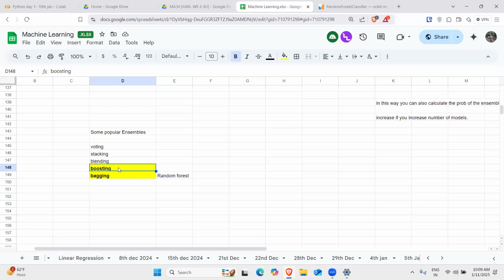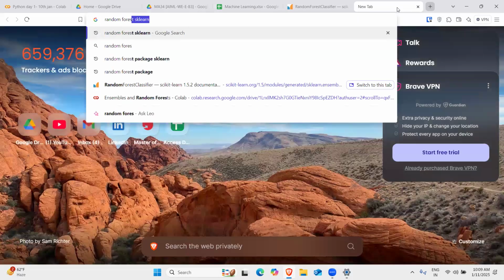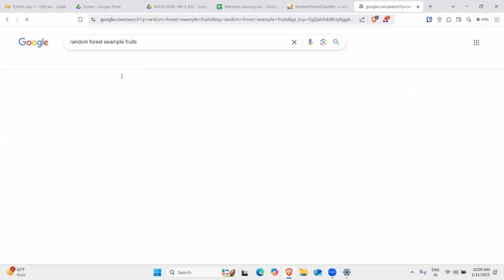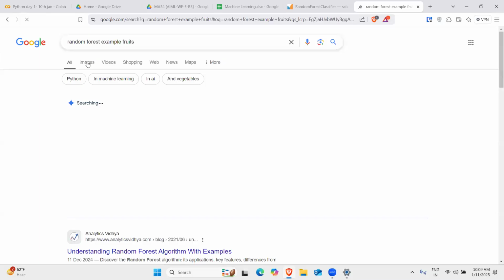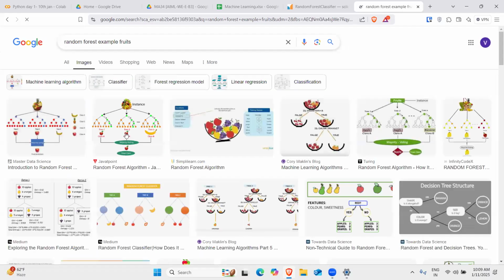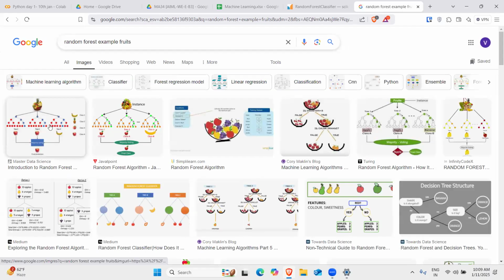Again, very simple. I would like to give you another example of random forest. Yeah, this is what we are talking about.